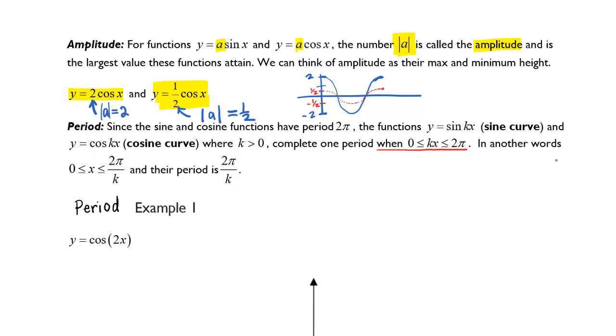In other words, we would divide both sides of the inequality by k. And you can see that if you divide both sides of your inequality by k, you will get the number of times 2 pi can be divided by k. So this 2 pi divided by k defines the period.